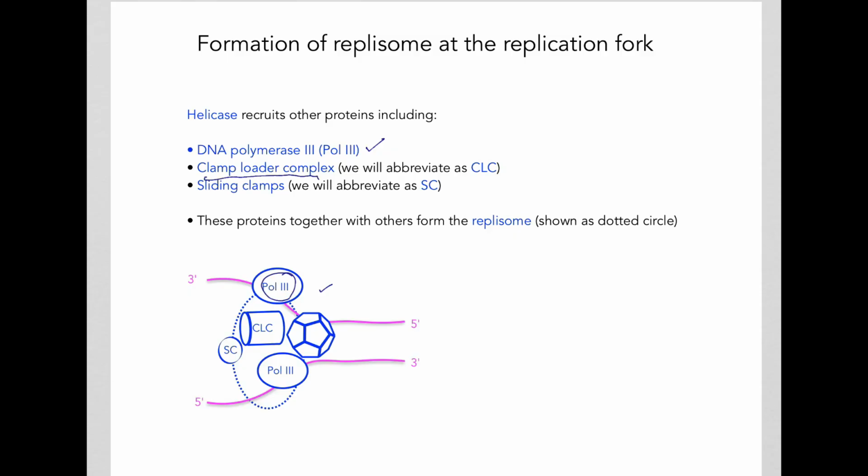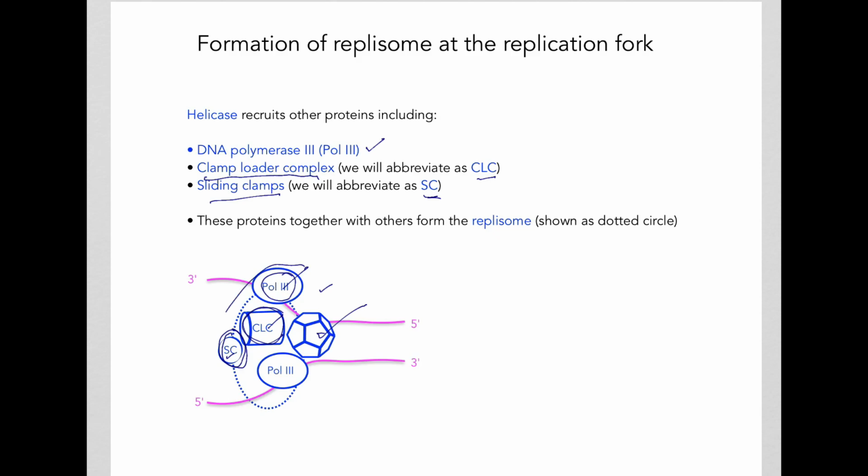Clamp loader complex, we'll call that CLC, which is this one here. Sliding clamps that we'll abbreviate as SC, that's SC here. So we have helicase, Pol3, CLC, and SC.